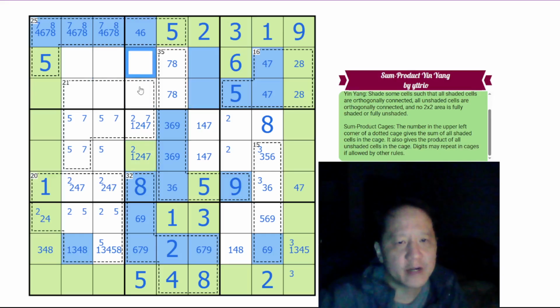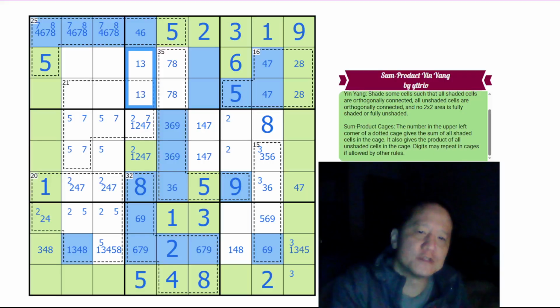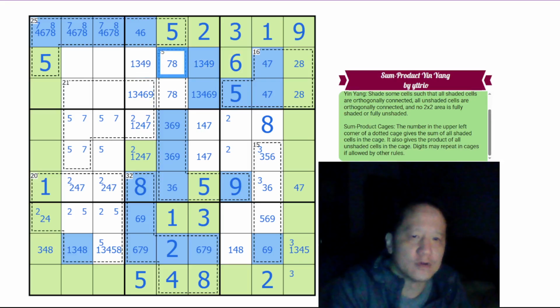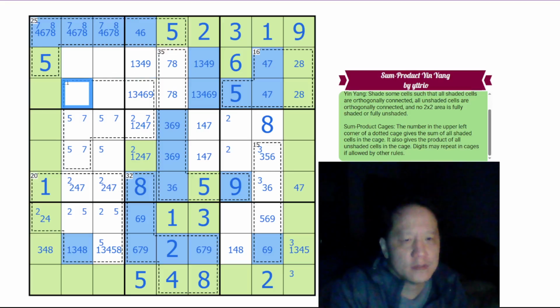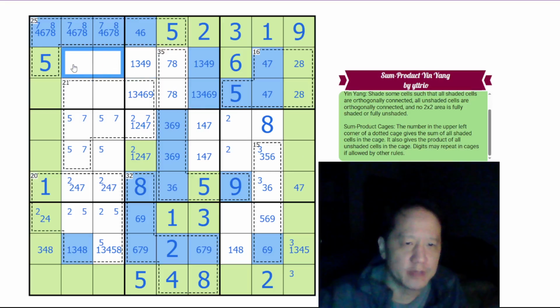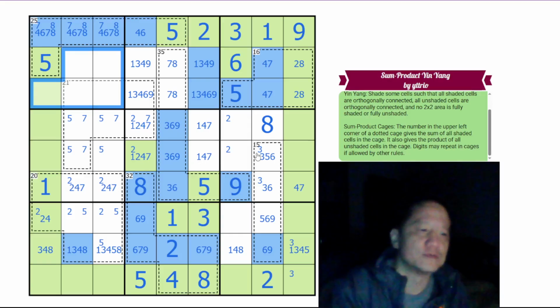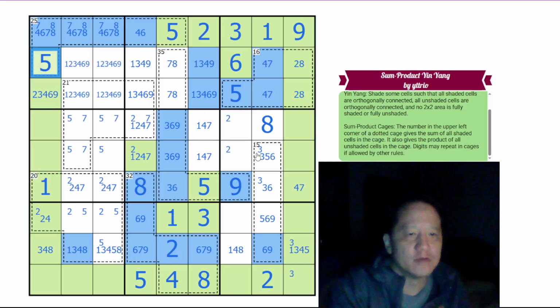Remaining digits in box 2 are 1, 3, 4, 6, 9. No 6 here because of 6 in the row. Remaining digits in box 1 are 1, 2, 3, 4, 6, and 9. No 1 here, no 6 here.